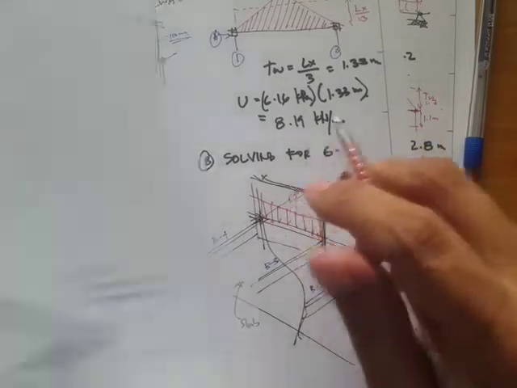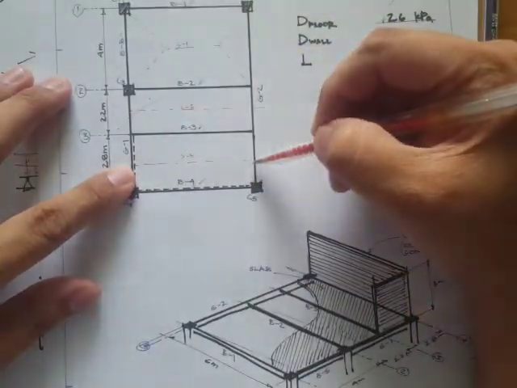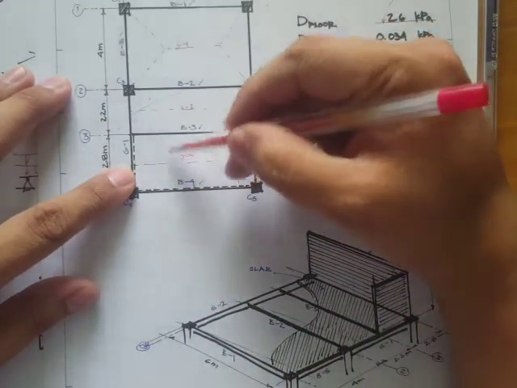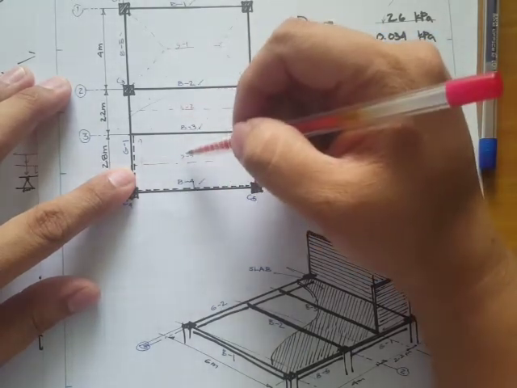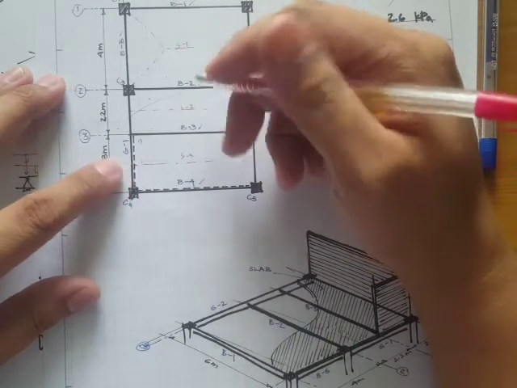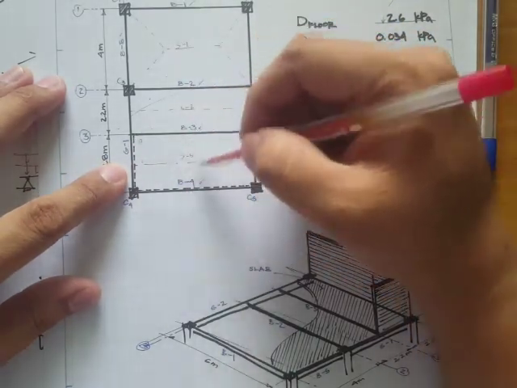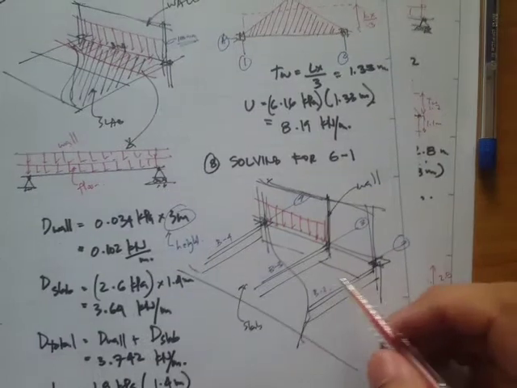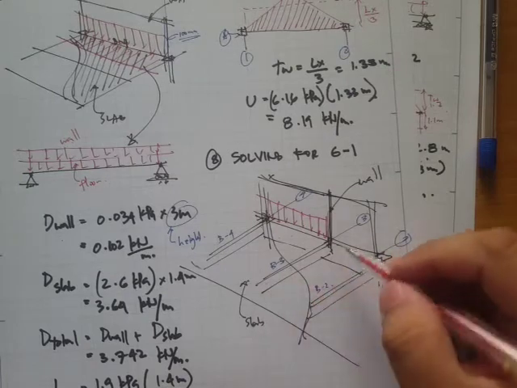We said that this slab is a one-way slab, meaning that the load on this portion of the area transmits its load to this beam B-3. So there are no slab loadings transmitted directly to the girder 1. The load is transmitted from the slab to beam B-3 and then to girder G-1.